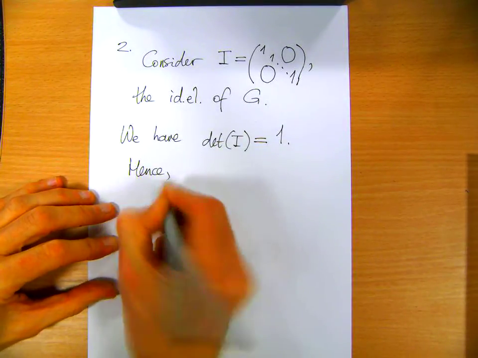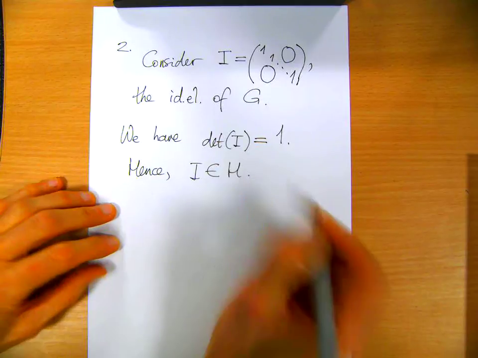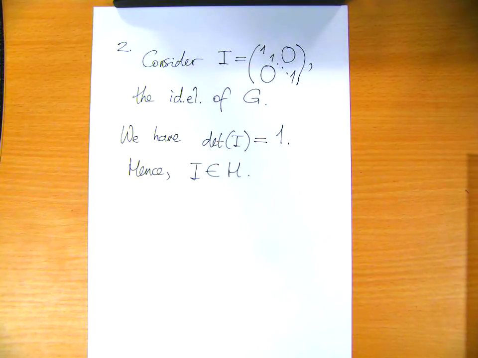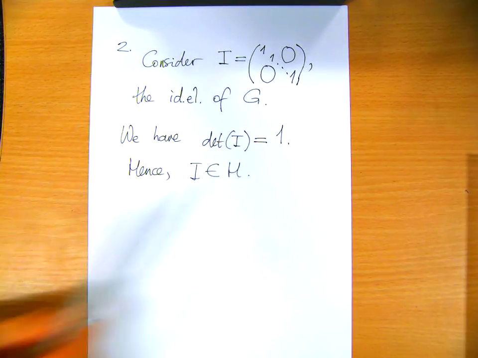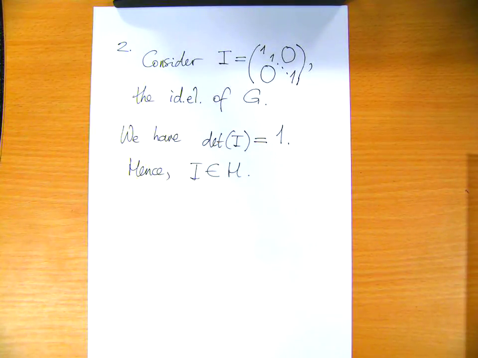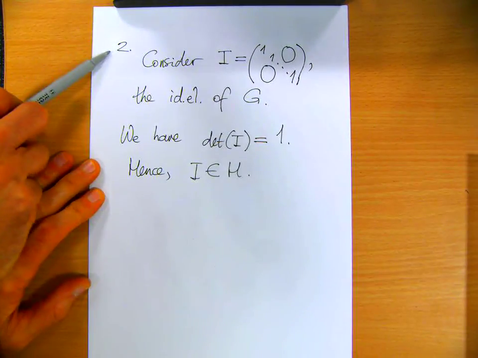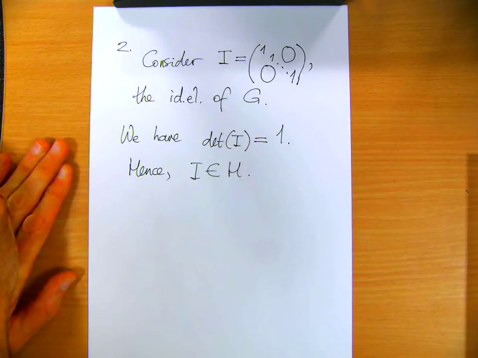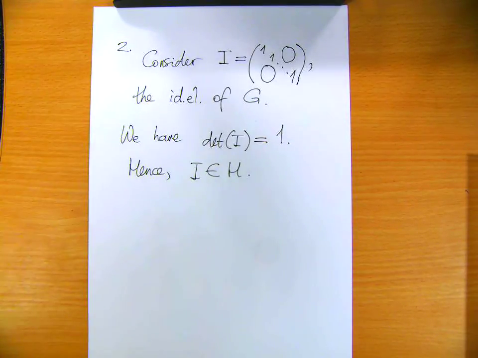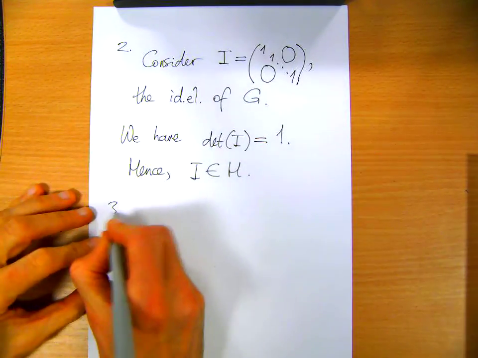So hence, big I is an element of big H. Sorry, my set membership symbol seems to be getting bigger and bigger, but hopefully it'll stop expanding before the end of the class. Okay, so big I is an element of big H. So that was condition 2 checked. Because remember, condition 2 says the identity element of the big group is in the subset that you're considering. And finally, condition 3.